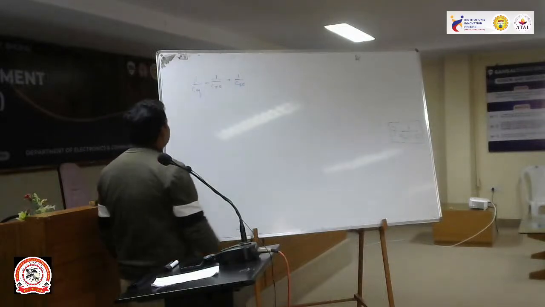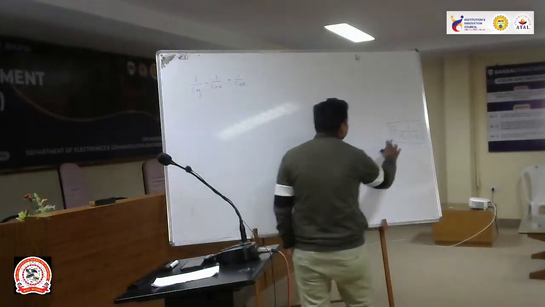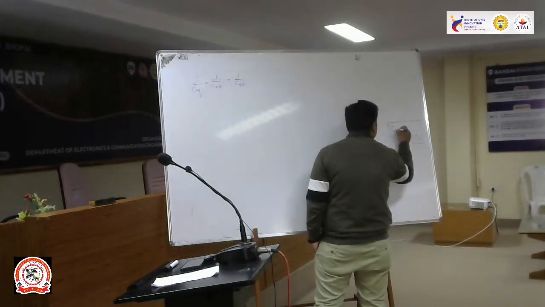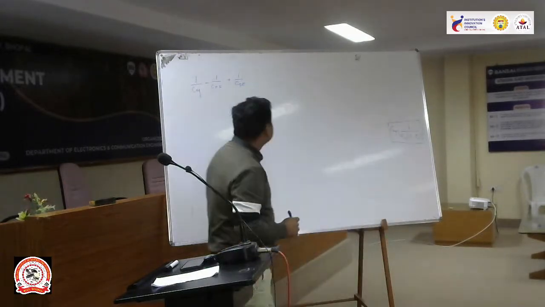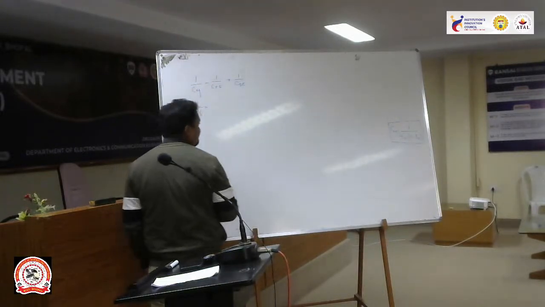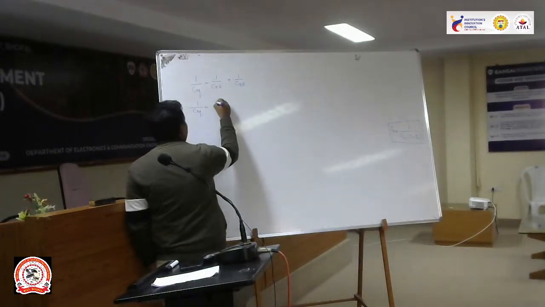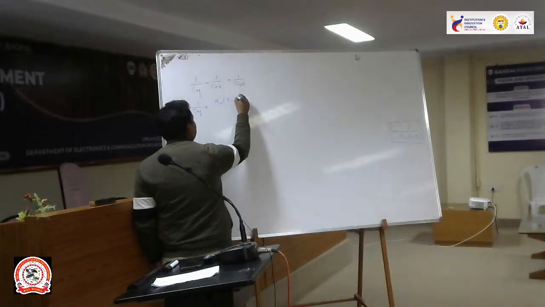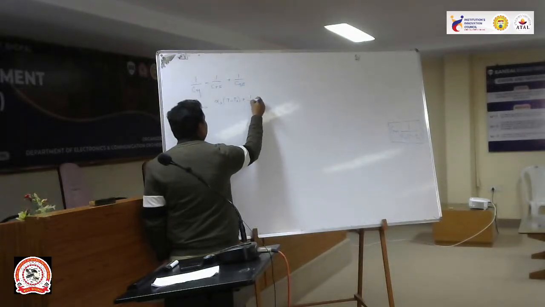Because this is CF, we can write here FE also, both are same. So this is CFE. We already know the value of CFE. So can I write 1 upon C equivalent equals alpha naught (T minus T naught) plus 1 upon CDE. I can write like this.